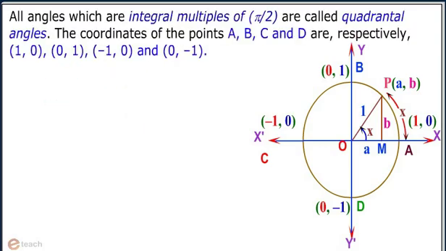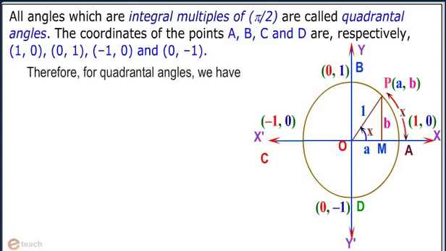All angles which are integral multiples of pi by 2 are called quadrantal angles. The coordinates of the points A, B, C and D are respectively (1, 0), (0, 1), (-1, 0) and (0, -1).